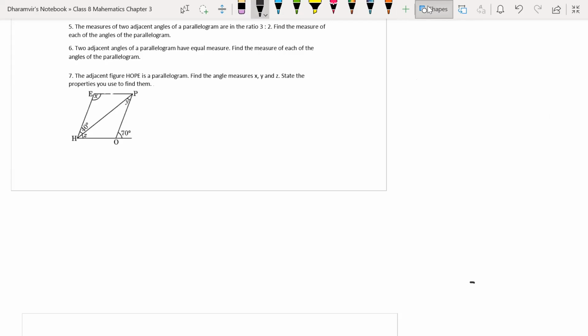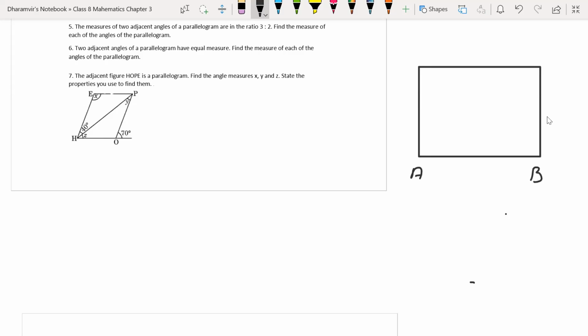So let's consider a parallelogram ABCD. A, B, C, and D. We draw this line from A to C. AC is the diagonal of this parallelogram, and again BD is the other diagonal.